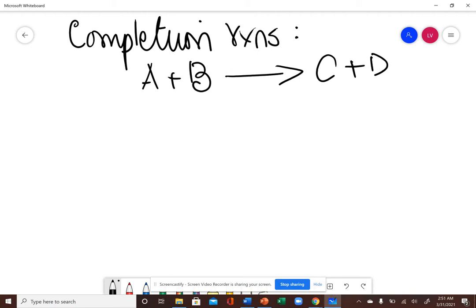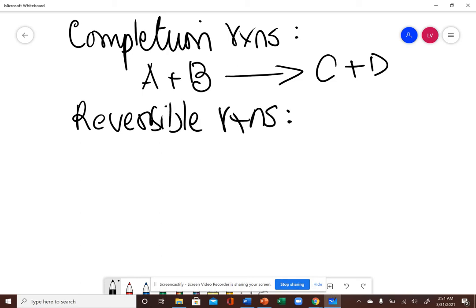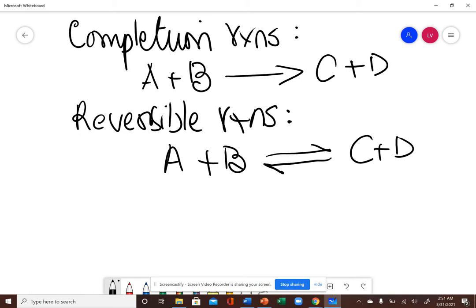Okay. In this unit, we are trying to look at a different type of reaction. These are called reversible reactions, and they are different from completion reactions. If you start with the reactants A plus B, initially the reaction goes in the forward direction and you form C plus D. But after some point, when a certain concentration of products has formed, the reverse reaction starts.